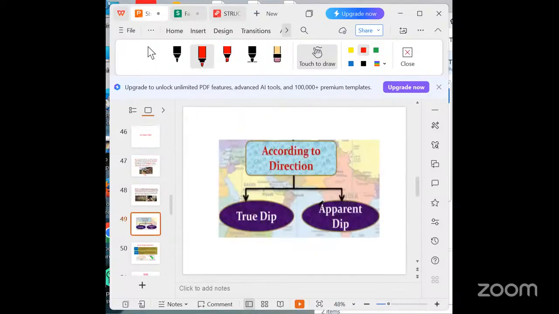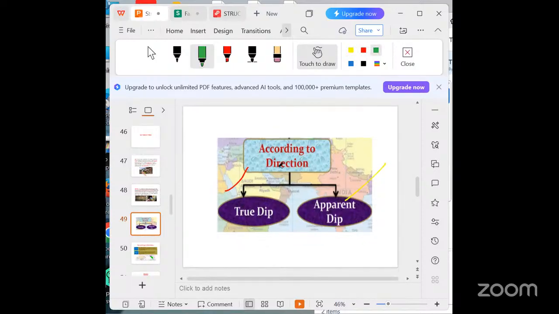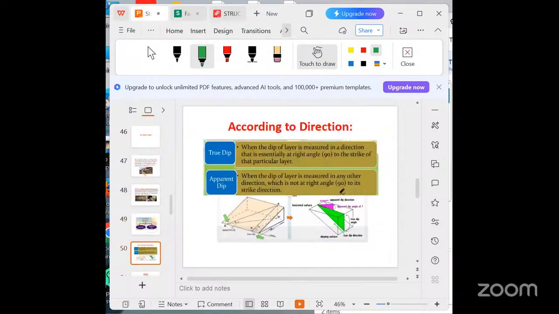According to direction, the dip is divided into two types: true dip and apparent dip. So now, what is true dip?